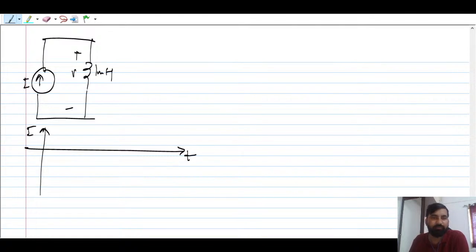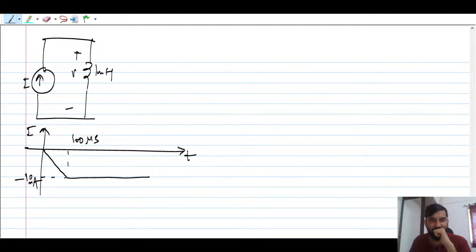For 100 microseconds, there is a negative value of 10 milliampere flowing.